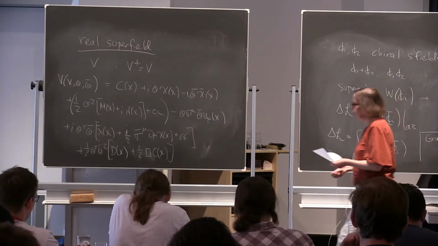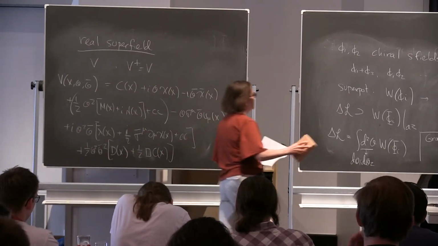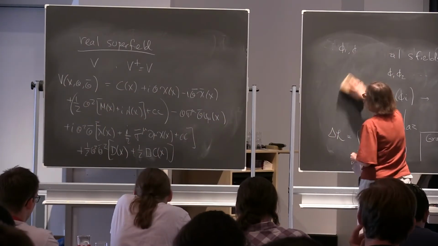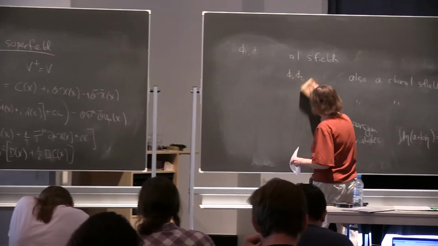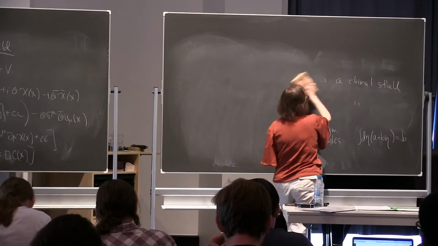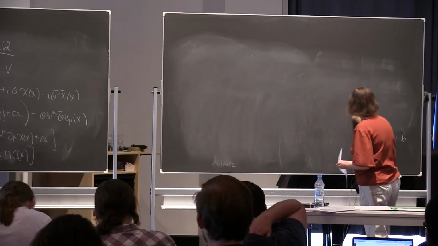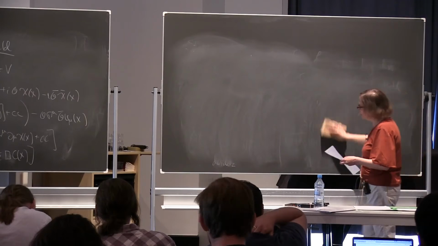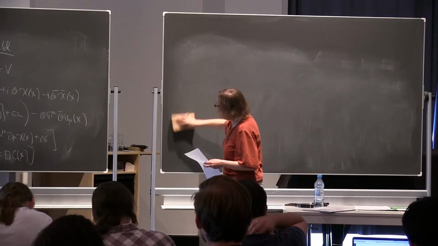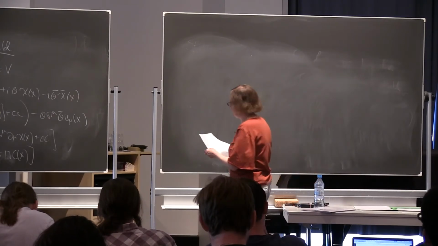But now what I'm really interested in is gauge fields. For a massless gauge field, I know I should just have 2 degrees of freedom, and I know exactly what it does under a gauge transformation.